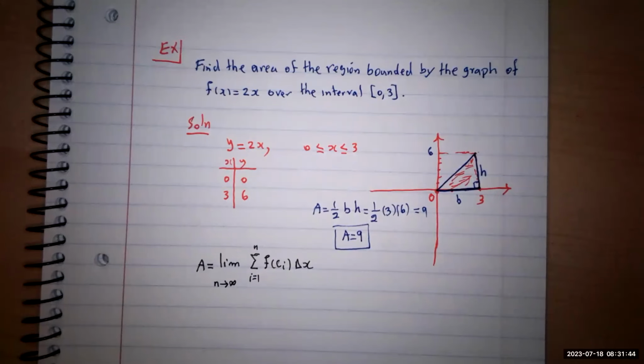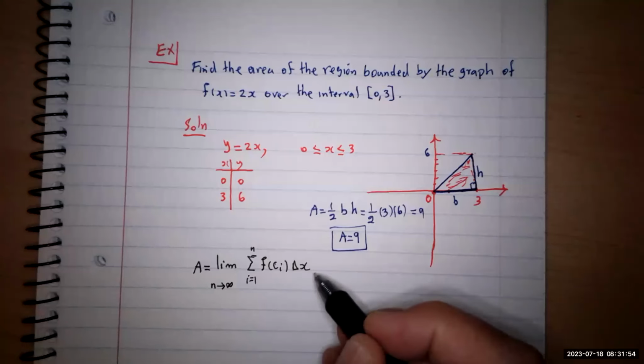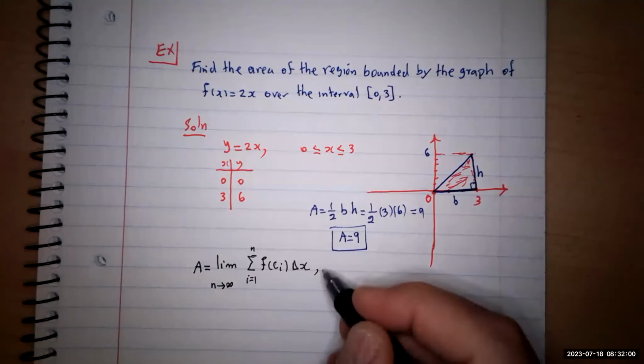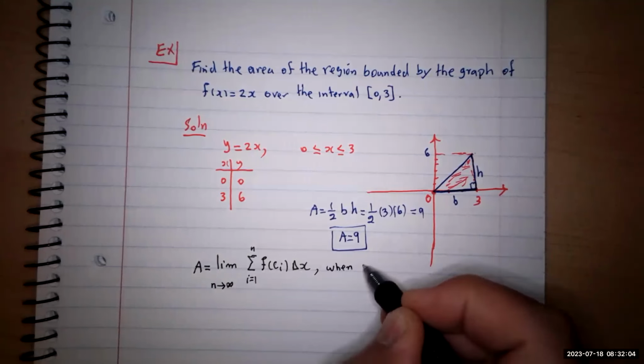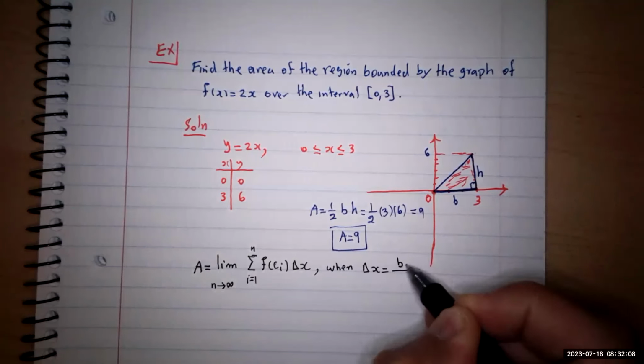Now you have to form this one and just prove that this is going to be equal to 9. Now, in order to do it, remember the format: delta x, remember, is equal to (b minus a) over n.